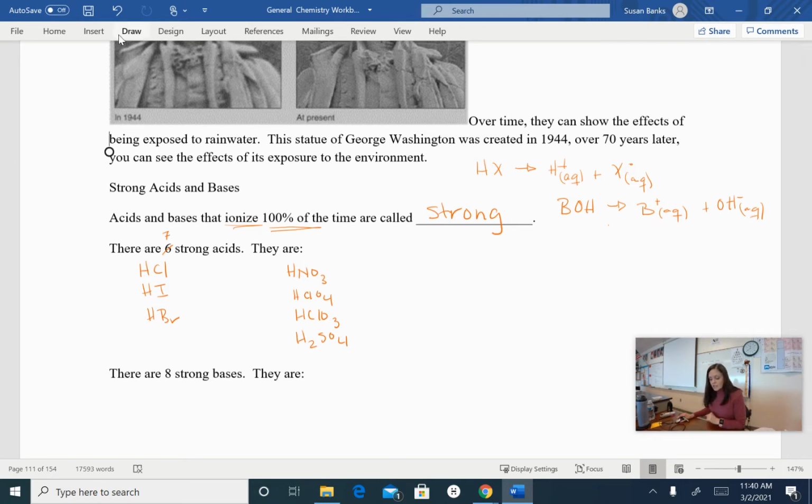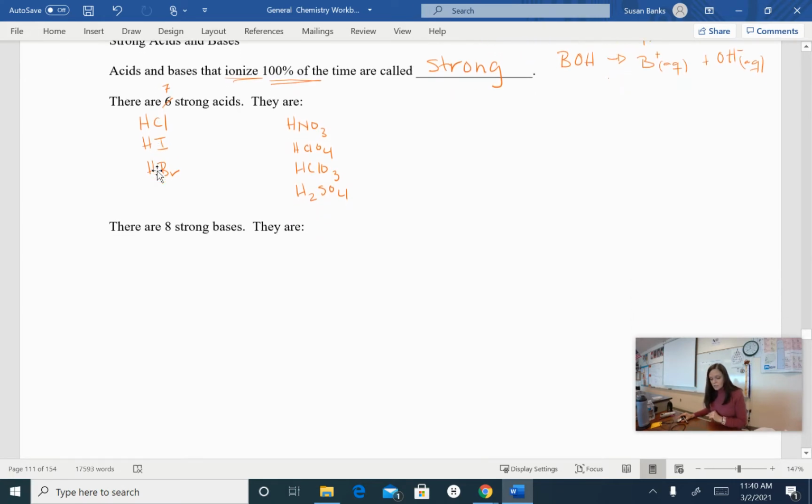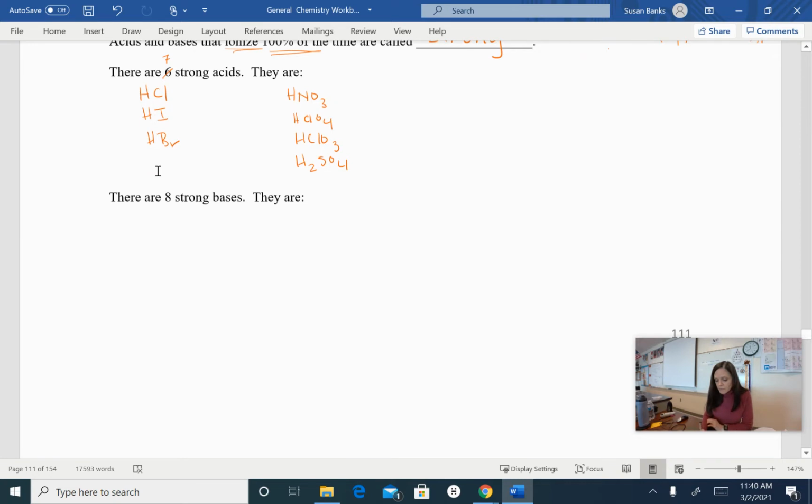Okay? There are 8 strong bases. Okay? So we basically have our group 1 metals. Now, if you remember group 1, they're the first column in the periodic table.